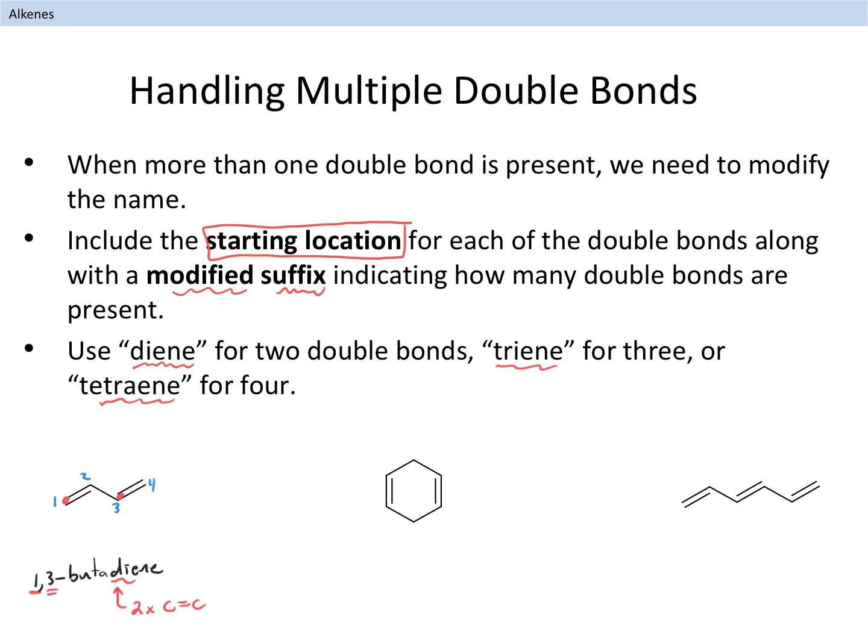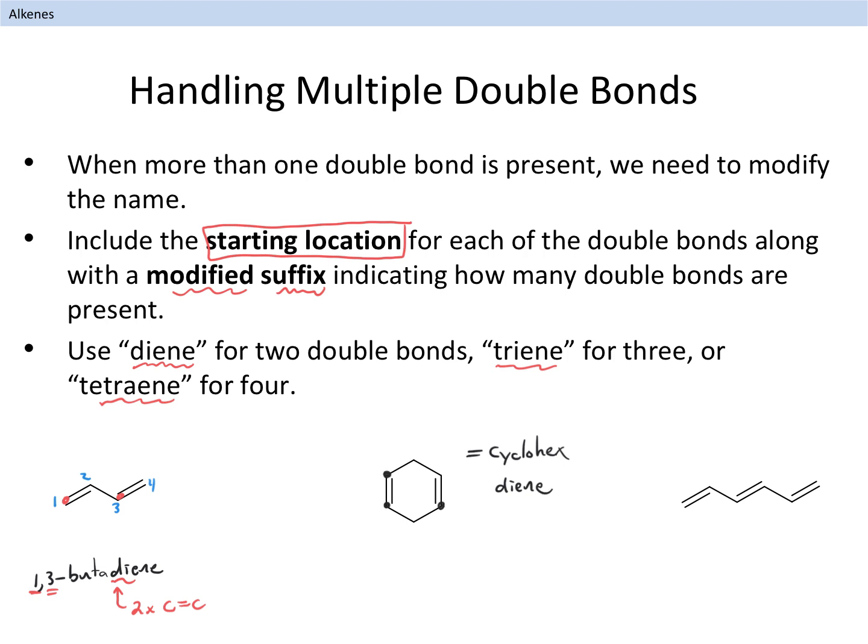In the second example, we have to be careful to note that we are dealing with a cyclic parent chain. Because there are 6 atoms in the ring, we can use the parent name cyclohex. There are 2 double bonds in the structure, meaning we need to use the diene suffix again. Our last task is to indicate the starting location of each of the double bonds.